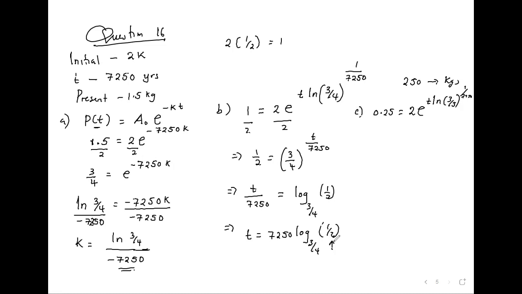So it's the same thing. So you get T is equal to 7250, and then the log of 3 over 4 after you calculate 0.25 over 2. That's what is going to be the time.